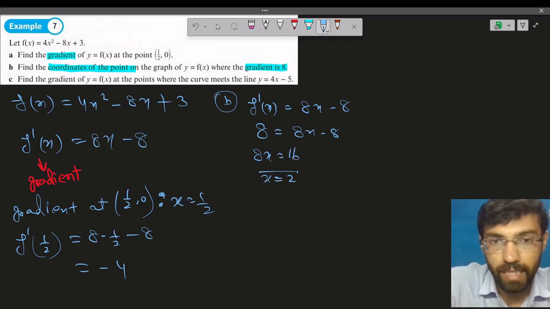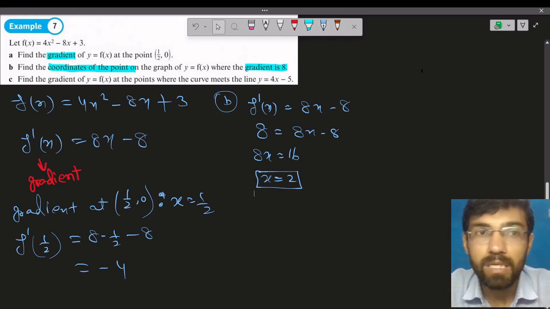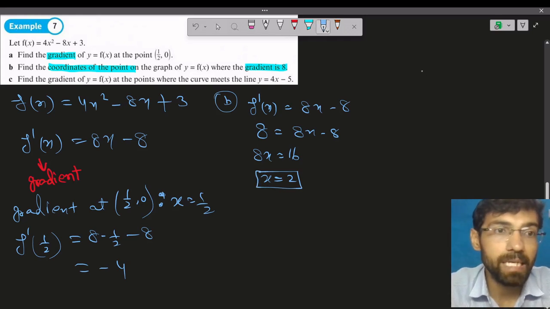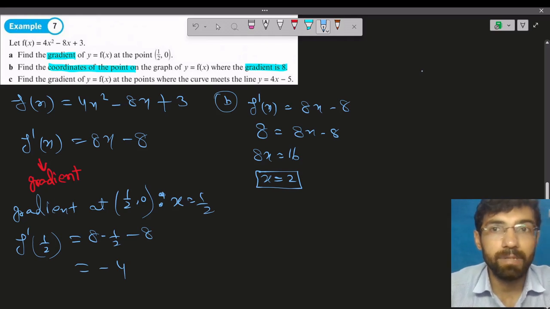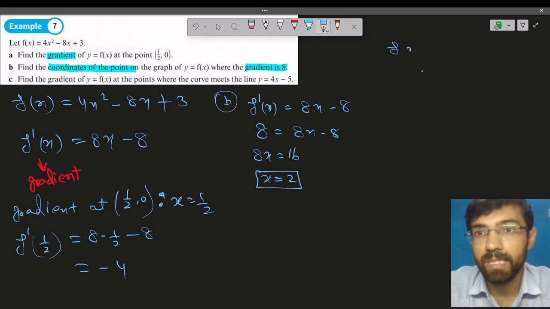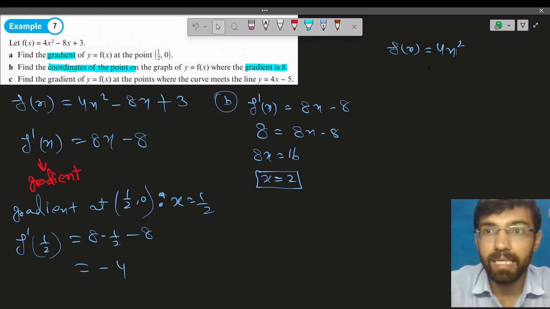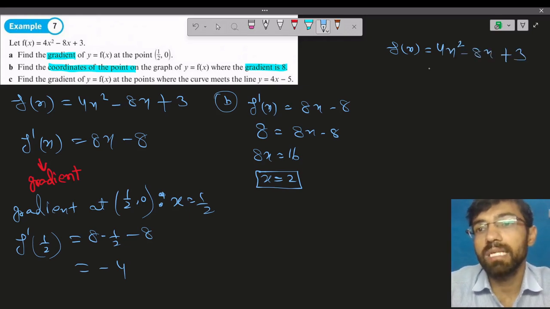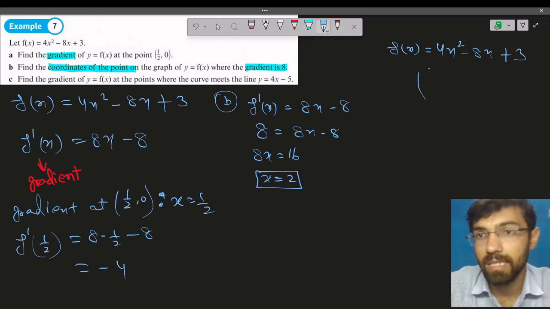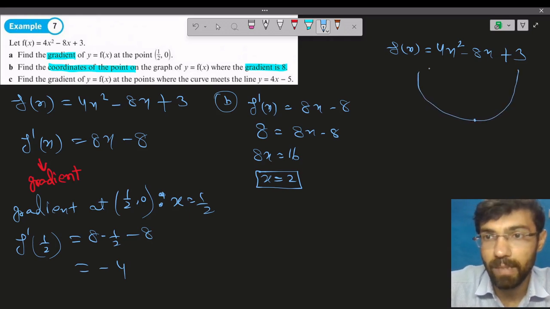That is 2. It means, graphically, if you wanted to know: my f of x is 4x squared minus 8x plus 3, so my function is a quadratic function. If you know the graph of a quadratic function, it is something like a parabola.